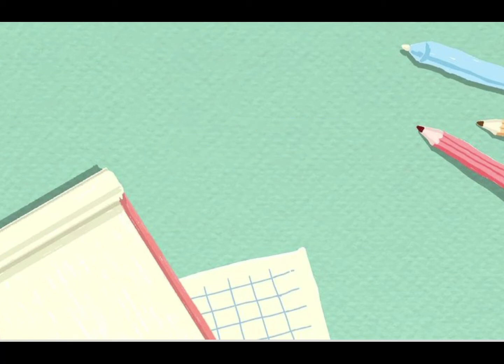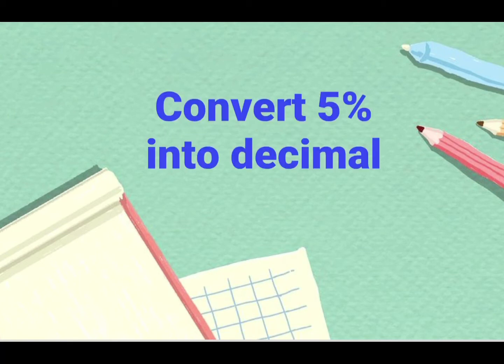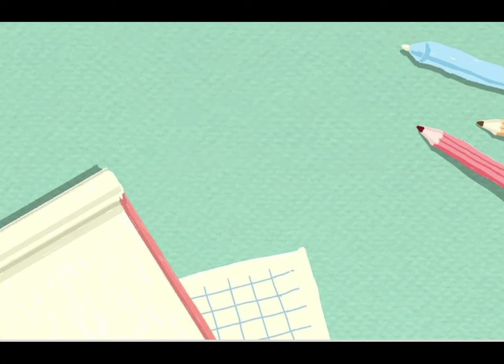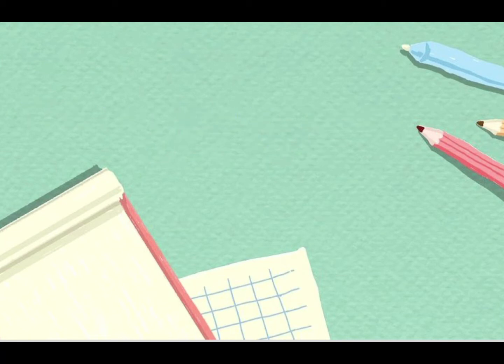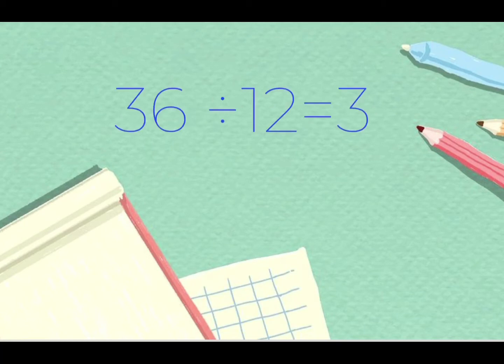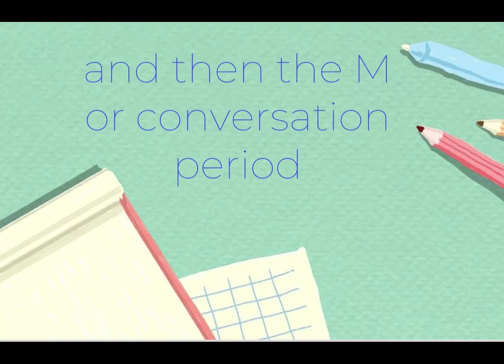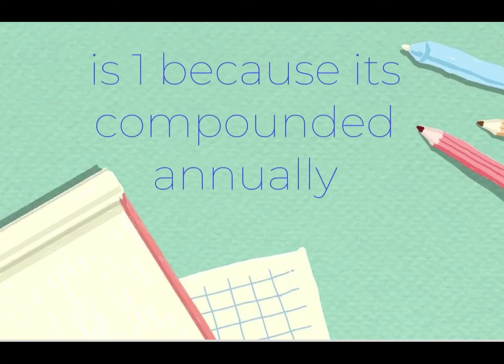Kaya po naging 0.05 because kinonvert natin into decimal yung 5%. Then, T, or yung time, is 3, which is yung number of years. Yung 36, dinivide po natin sa 12, kaya naging 3. And then, yung M, or conversion period, is 1 because it's compounded annually.